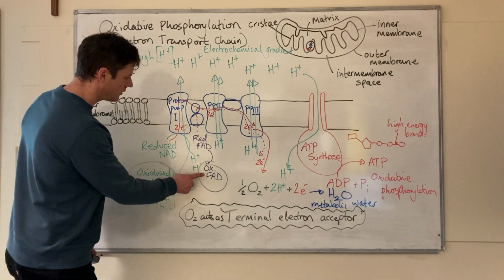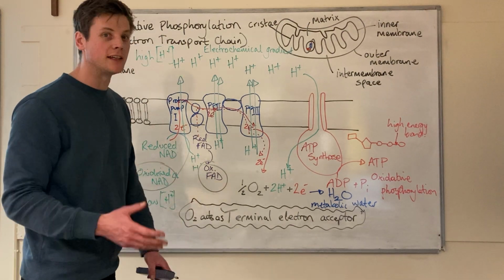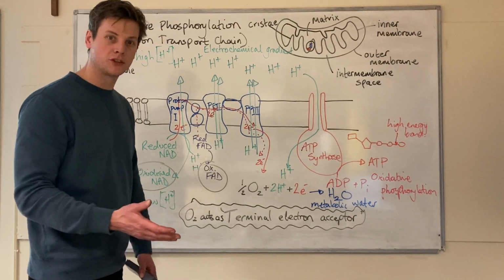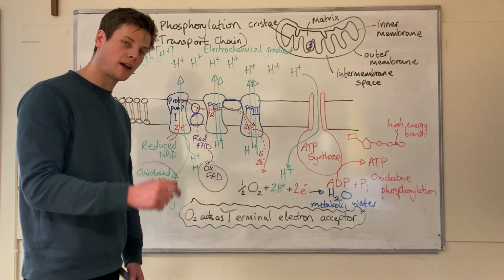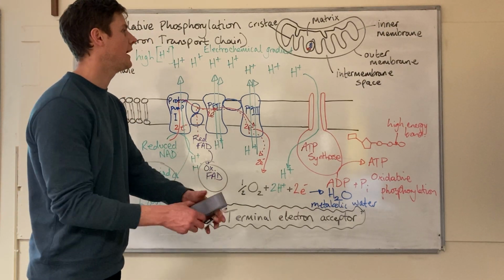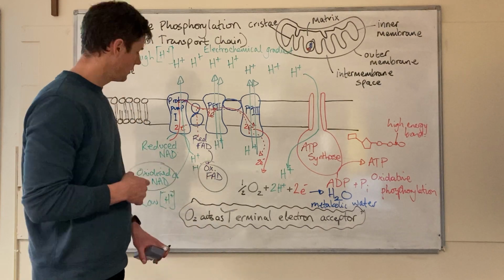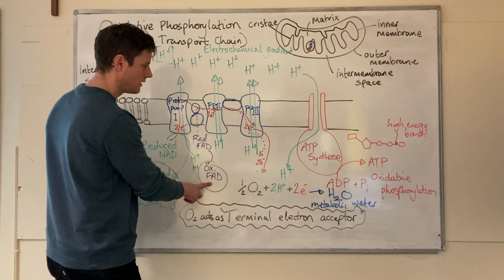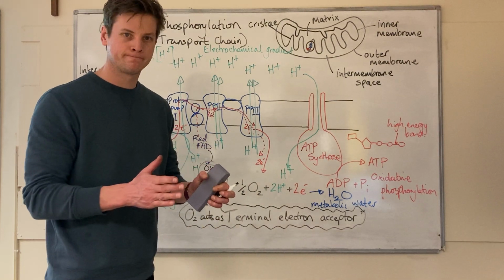Oxidised NAD, oxidised FAD are both needed to accept hydrogen and electrons from the substrates earlier on in aerobic respiration. Without oxidised NAD, without oxidised FAD, the process just stops.